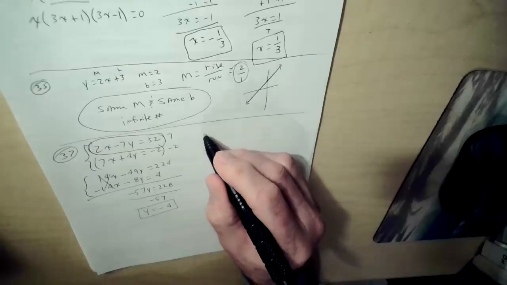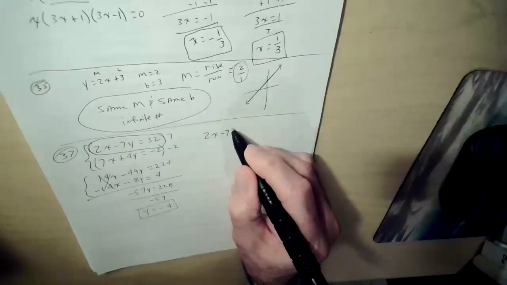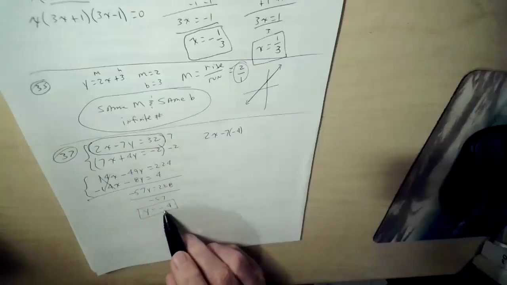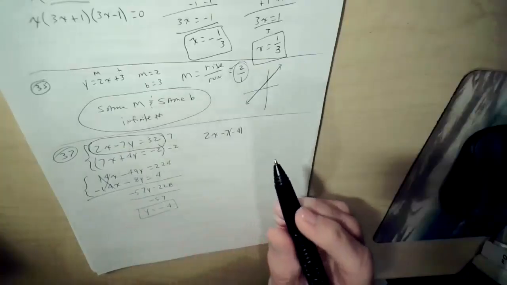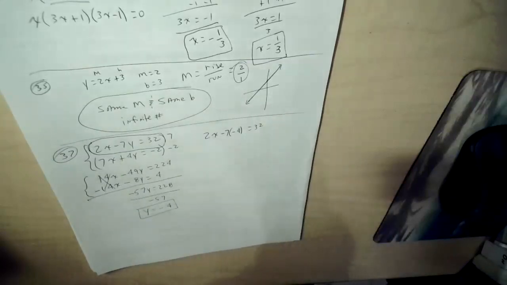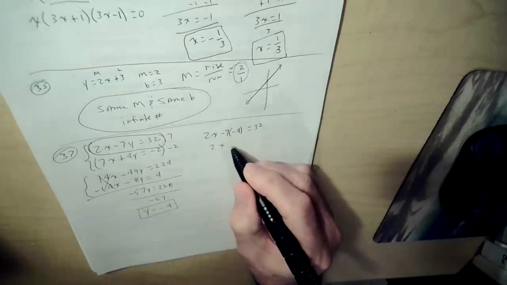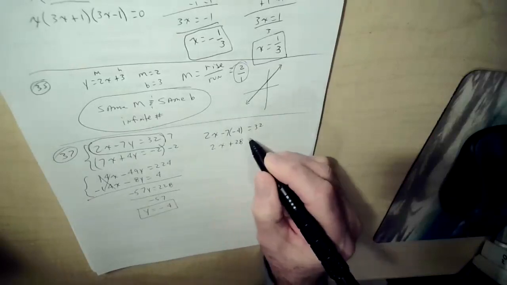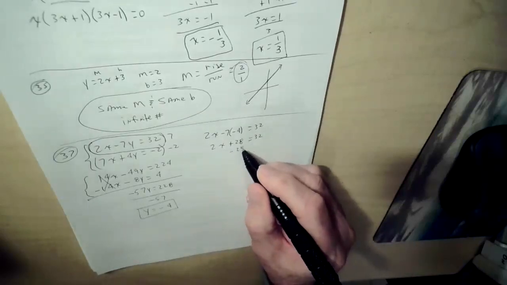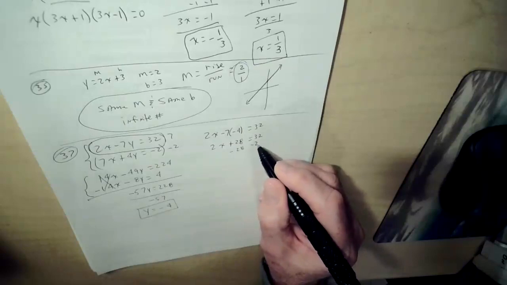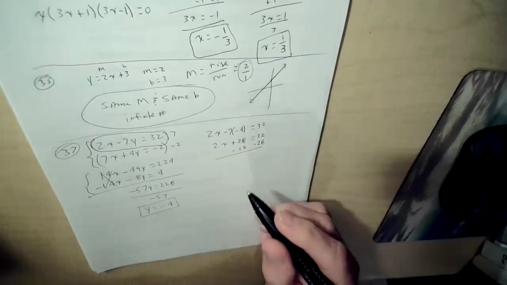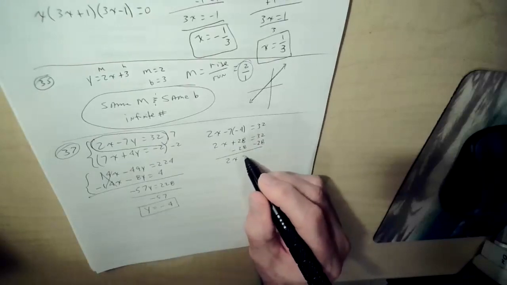Okay, now we can plug in negative 4 into any of these equations. Let's use the top one because the numbers are smaller, and I'm a lazy boy. So we have 2x minus 7 times negative 4. Okay, we're just substituting the negative 4 in for y up here. Equals 32. So we have 2x plus 28 equals 32. Okay, now we have real simple algebra.